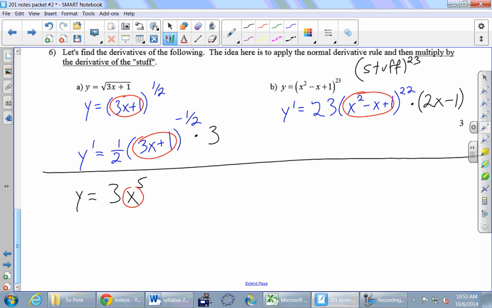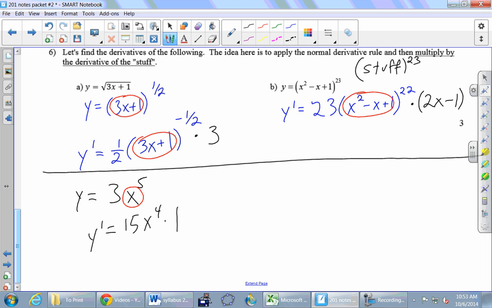So I'm going to call that guy right there my stuff, which is just as simple as could be. It's x. So let's go ahead and take our derivative. y prime equals. So it's what you just said, 15x to the 4, but then times the derivative of the stuff. What's the derivative of the stuff that's circled? It's 1. So this chain rule captures what we knew already. It's just we never bothered putting this times 1 at the end, because if it's just plain x, you don't bother thinking about the chain rule. But the chain rule is this very general thing that applies any place you want.